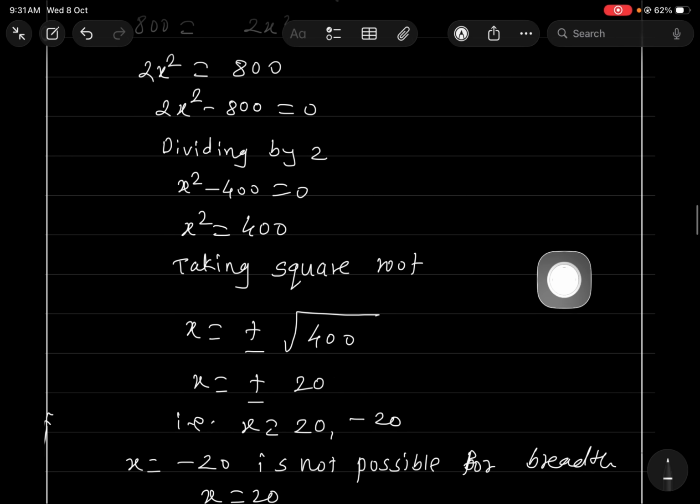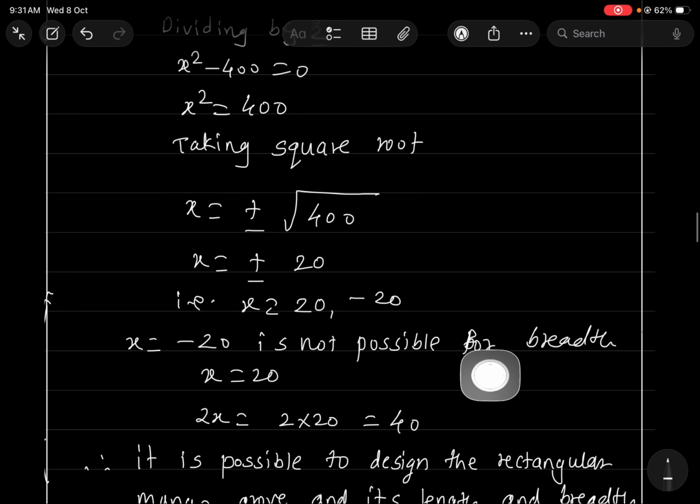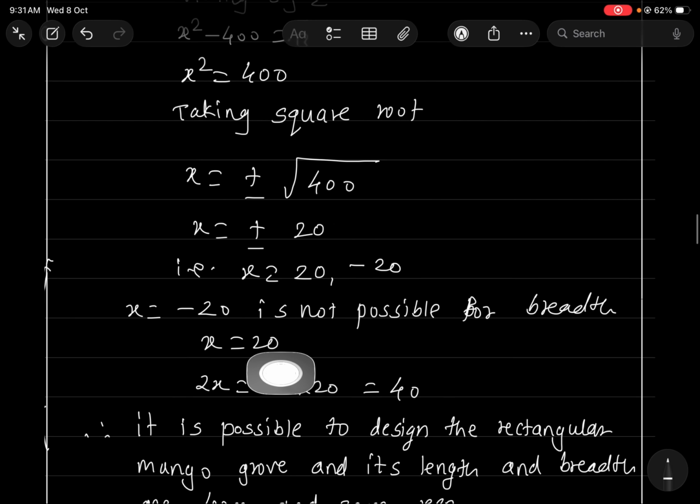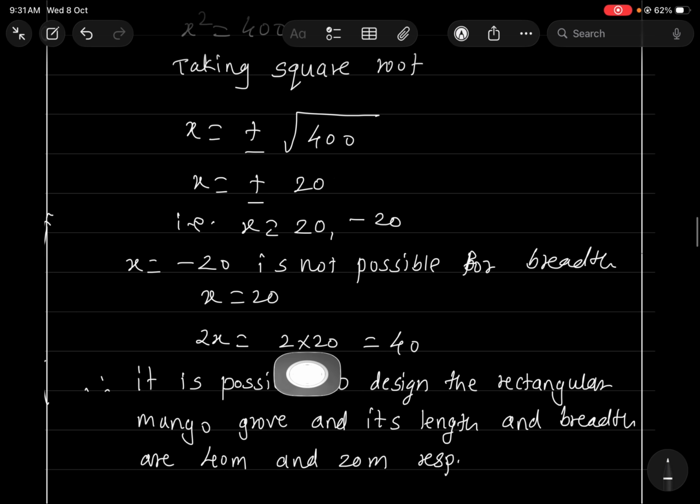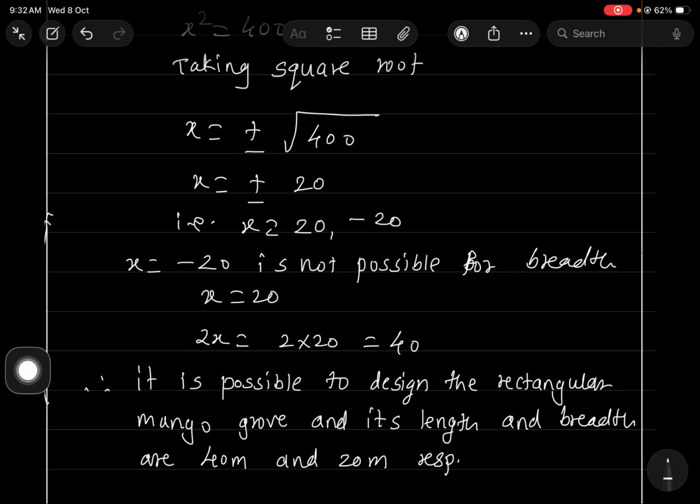A minus 20 is not possible for the length or breadth of a rectangular plot, so we take x equal to 20. 2x is the length, so 2 into 20 equal to 40.